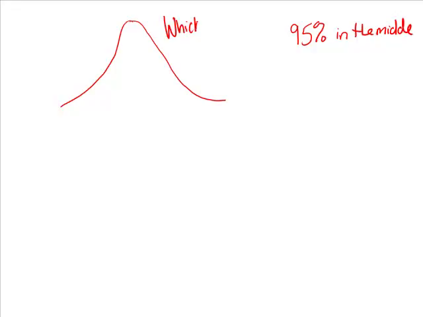Which values of x create 95% in the middle?